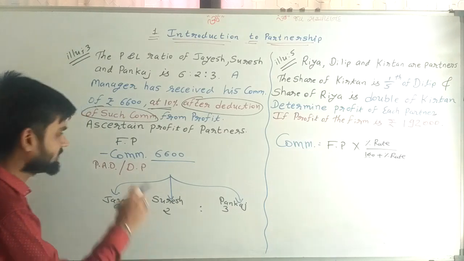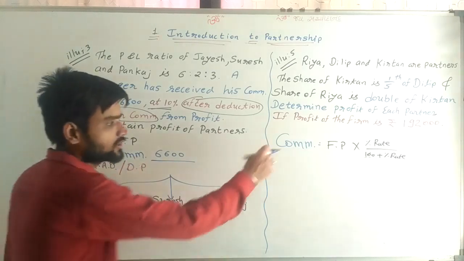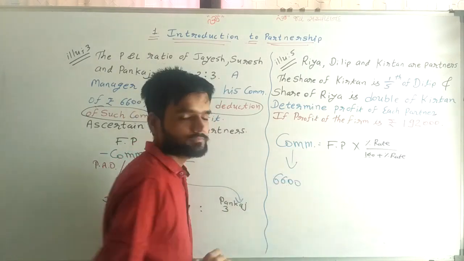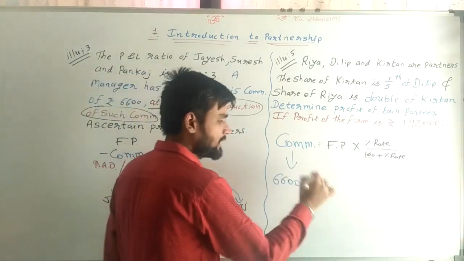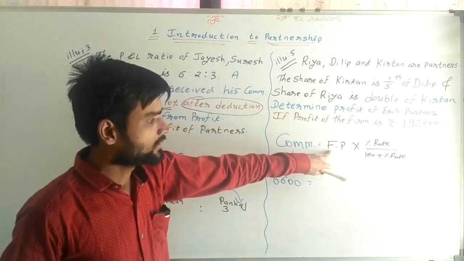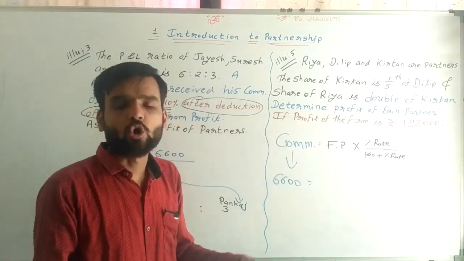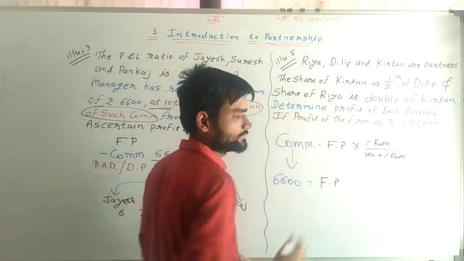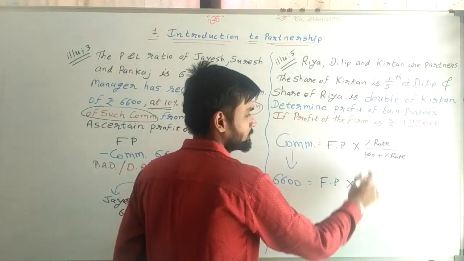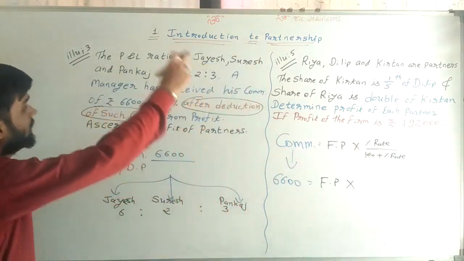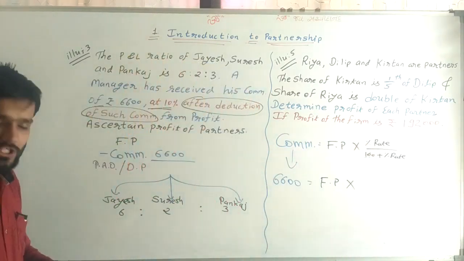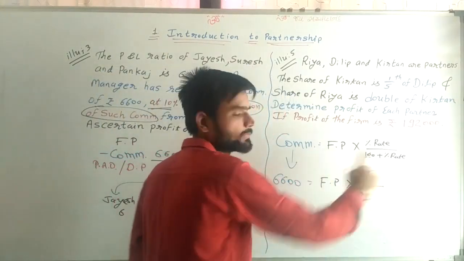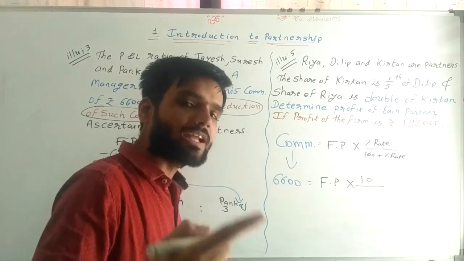What is the amount of commission? 6600. So write down 6600 is equal to firm profit. We don't know the firm profit, so firm profit as it is, into percentage rate. Here the profit percentage is 10%, so write down 10, divided by 100 plus percentage, so 100 plus 10, 110.